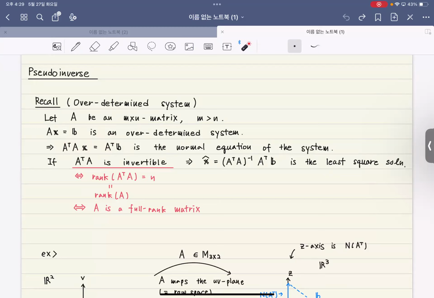But how can I solve this normal equation? In order to solve it, this square matrix A^T A should be an invertible matrix, right?